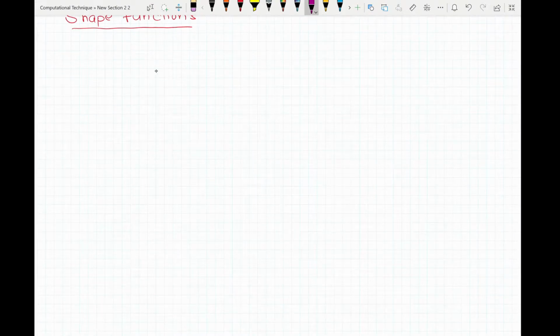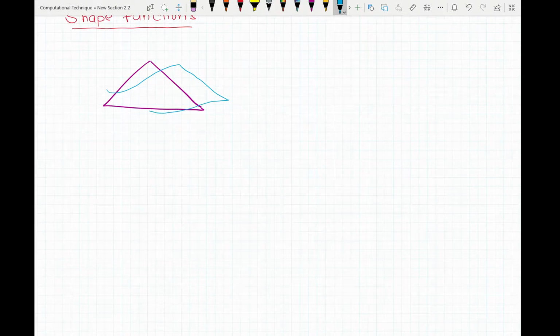Let's say we have a 2D element like this, and its deformed shape under certain loading may be something like this, and we want to approximate this exact solution by using the shape functions.